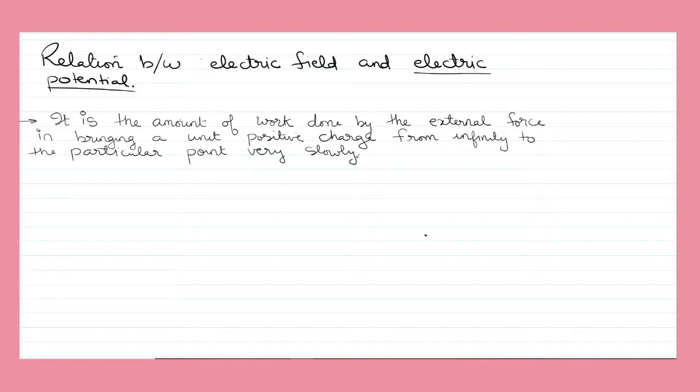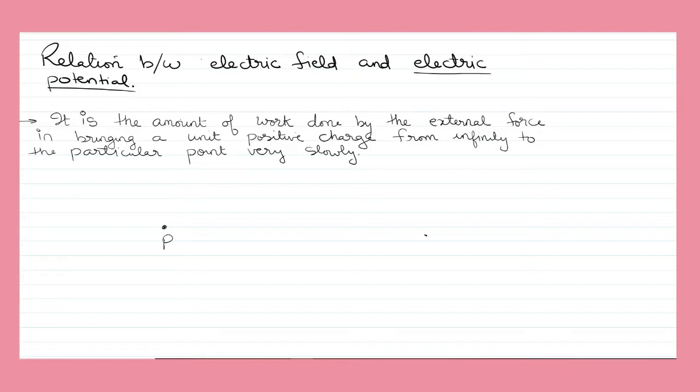Now, suppose this is a point P at which we have to find the electric potential. So, it means that I have to go to infinity and bring a charge of 1 coulomb from infinity to this particular point very slowly.